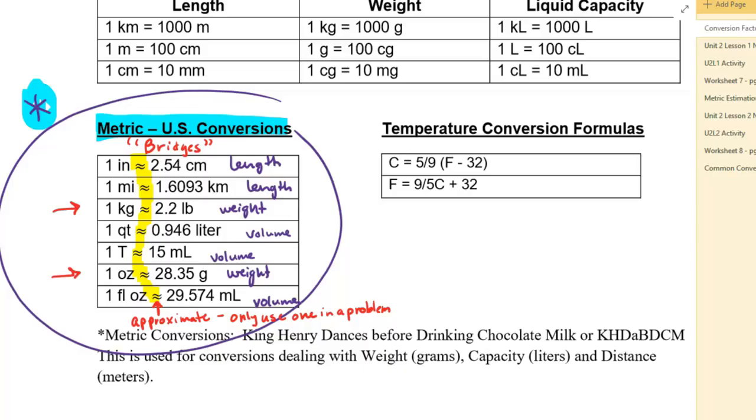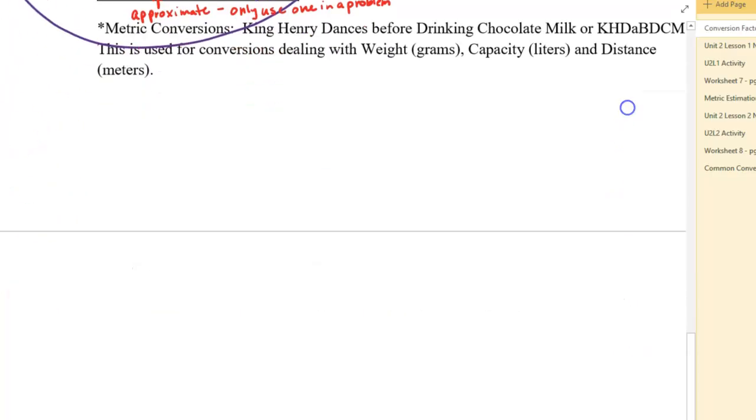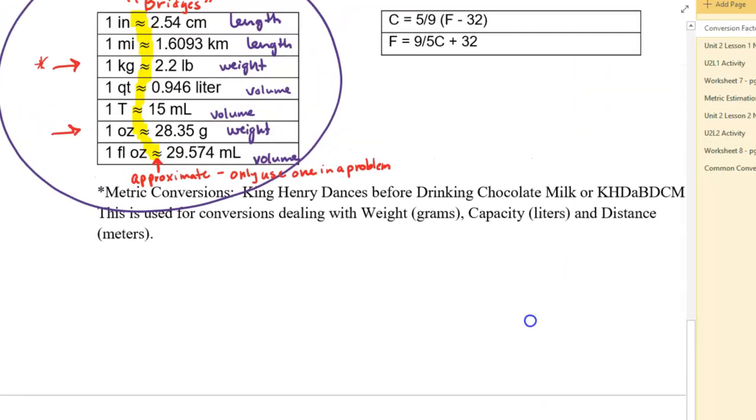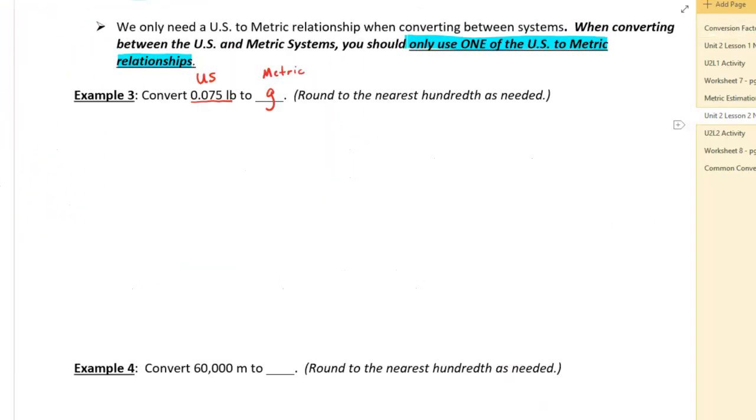Let's do this first one for our example. All right, so what I said is we're going to go from pounds to kilograms, and then we're going to go to grams.